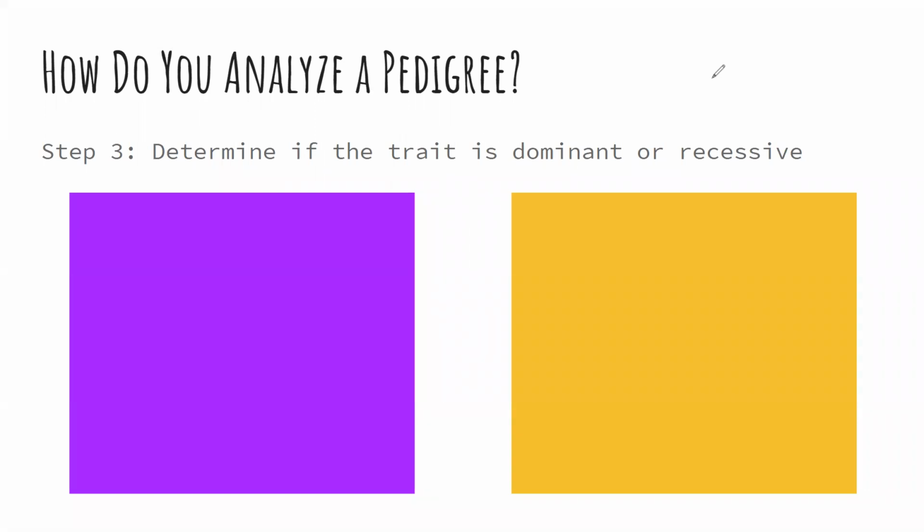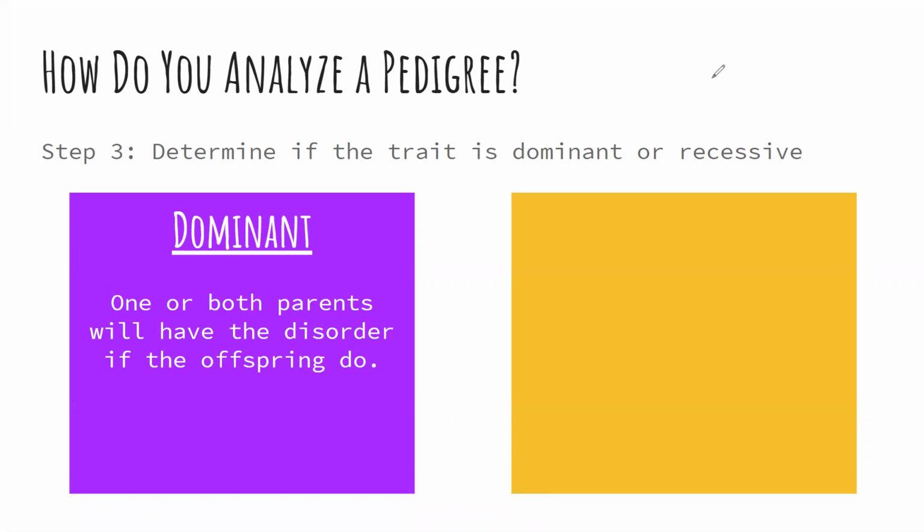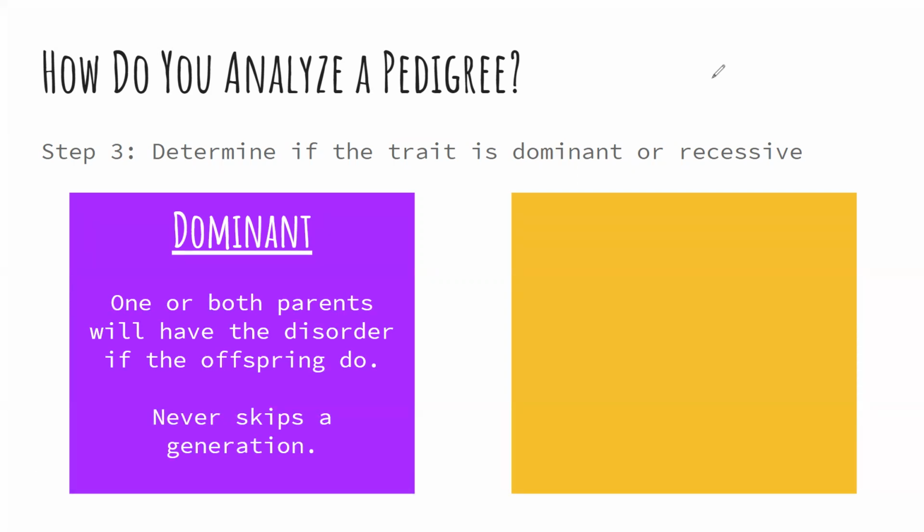So the last thing we need to know to determine how a trait is inherited through a pedigree is whether the trait is dominant or recessive. If the trait is dominant, one or both parents will have the disorder if the offspring does. And dominantly inherited traits never skip a generation.